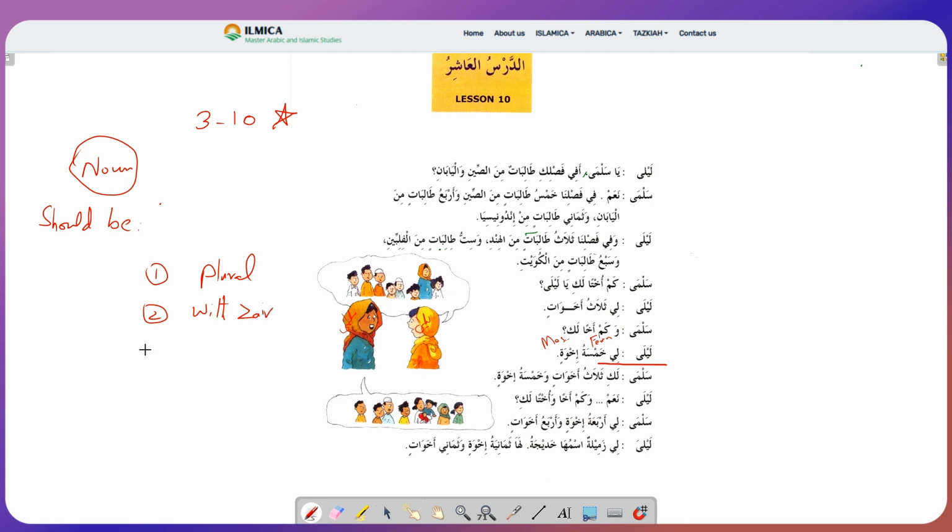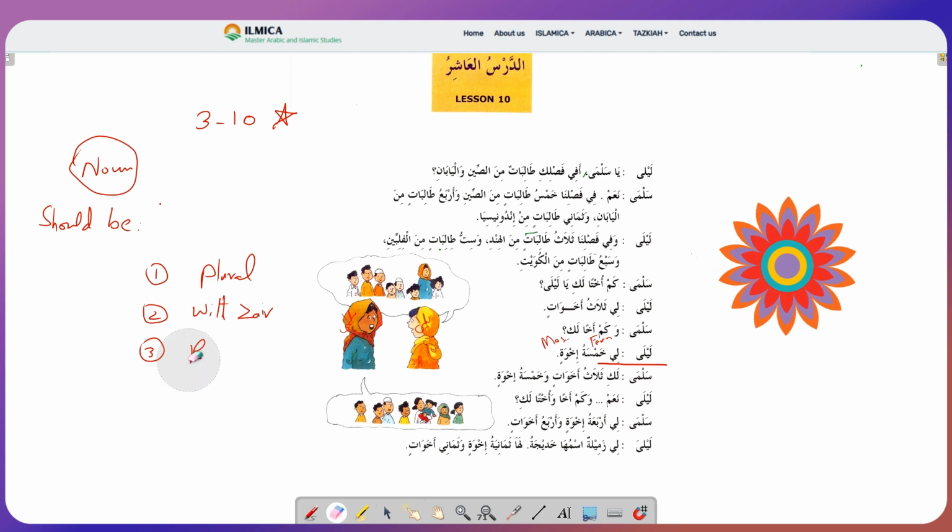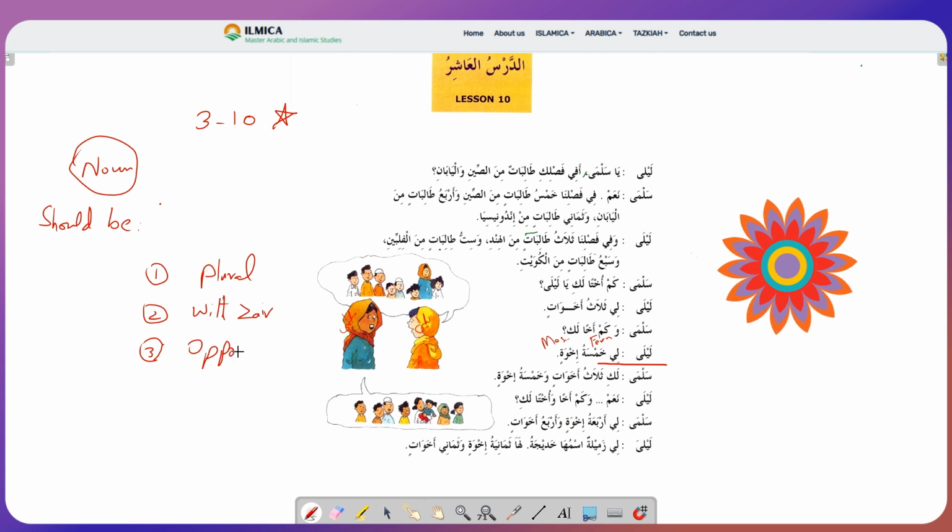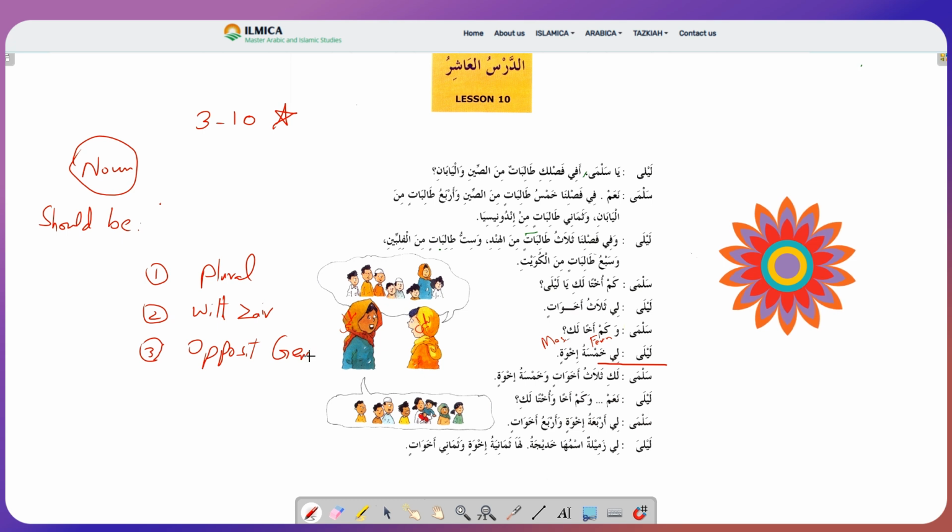And the third thing, it should be the opposite gender of the number's gender. The noun's gender and the number's gender should be opposite. So that is the rule.